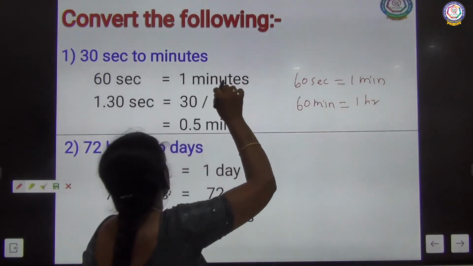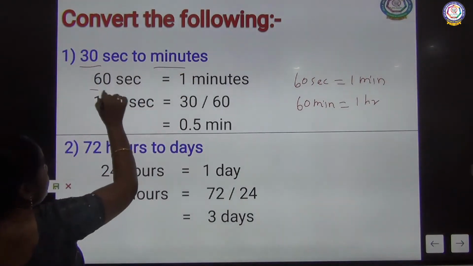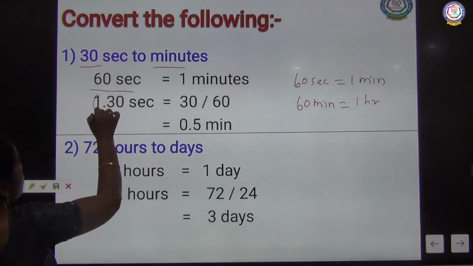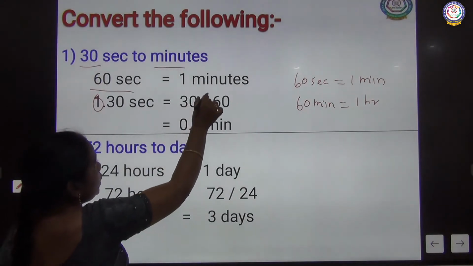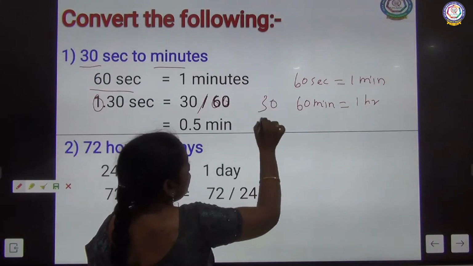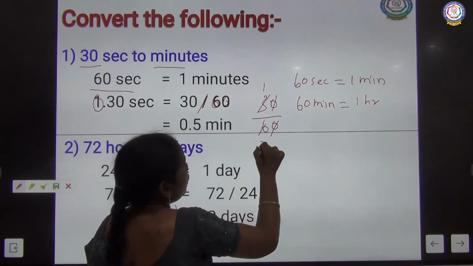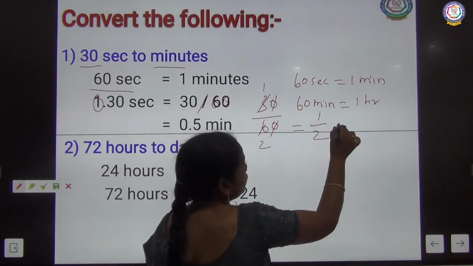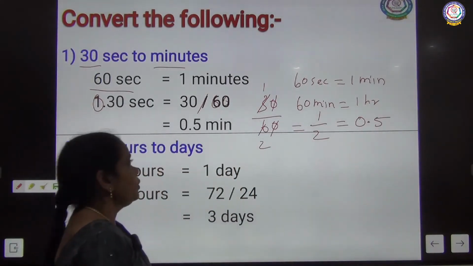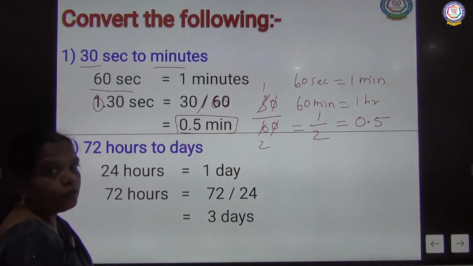So here you want to convert 30 seconds into minutes. 60 seconds equal 1 minute, so 30 seconds equals 30 divided by 60. The 0 gets cancelled, so this becomes 1 by 2. This 1 by 2 can be taken as 0.5. So the answer is 0.5 minutes.